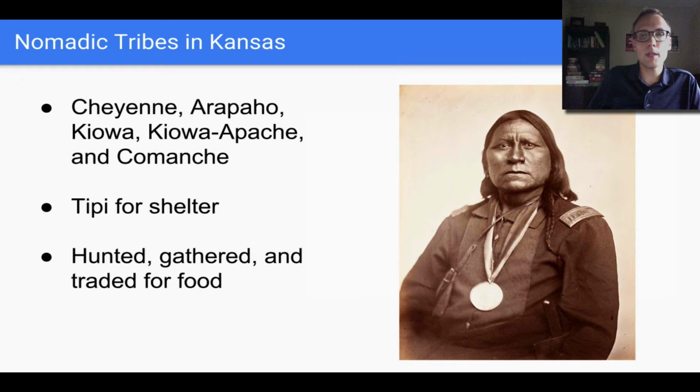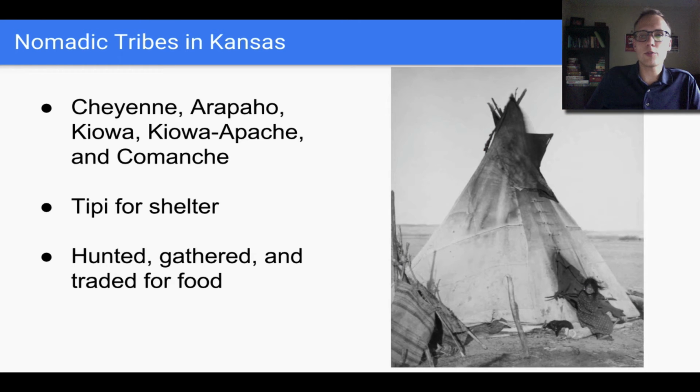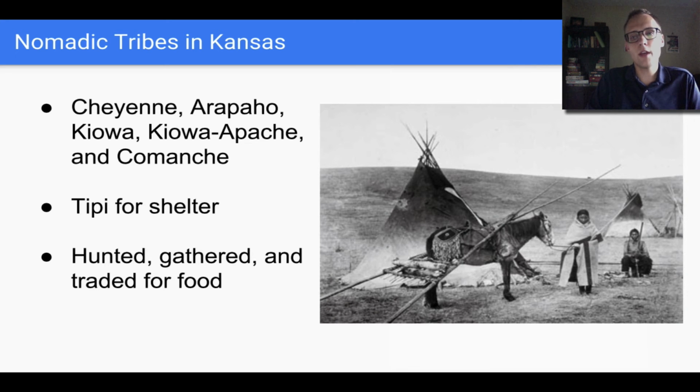And they lived in teepees, which is the traditional thing that comes to mind when we think of Native Americans, but it fit their culture because the teepees were easy to set up and take down and to quickly move to get to the food sources they needed to. So they hunted and gathered and also traded for some food. In order to move, they used these items called travois. Originally they would have been attached to dogs, but then later on, after the Spanish introduced the horses, to horses so that they could move their items.